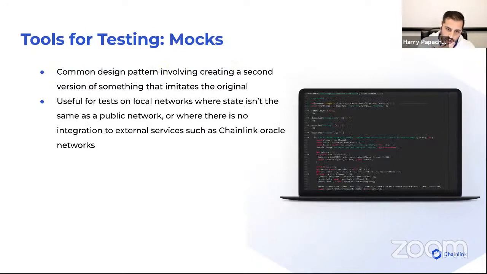The concept of mocks is, like I explained earlier, when you're working on a local development environment, you don't have connectivity to external things which you normally would on a public network. For example, if you want to use Chainlink for anything, Chainlink does not know about your local blockchain running on your computer.